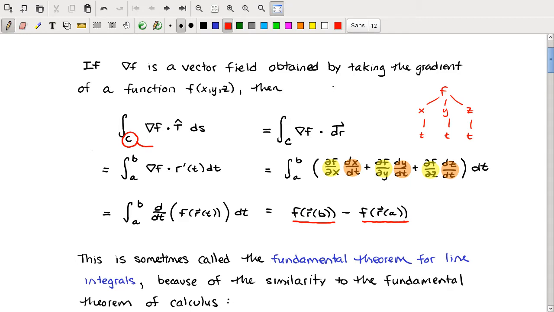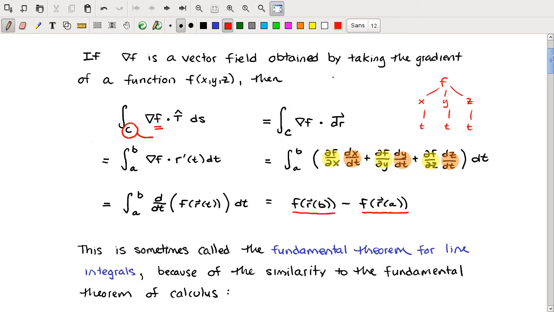at the starting point. So to review, if we're doing a line integral of a gradient, then we simply get to evaluate the underlying function f from which the gradient was taken at the two endpoints and subtract them.